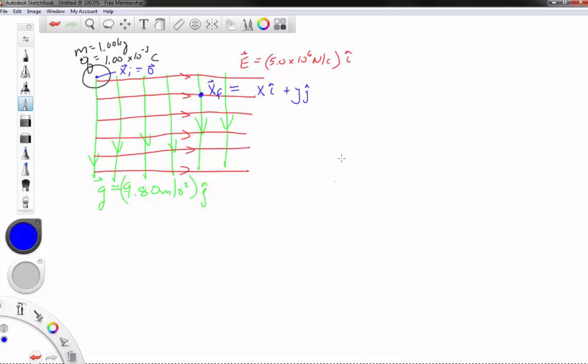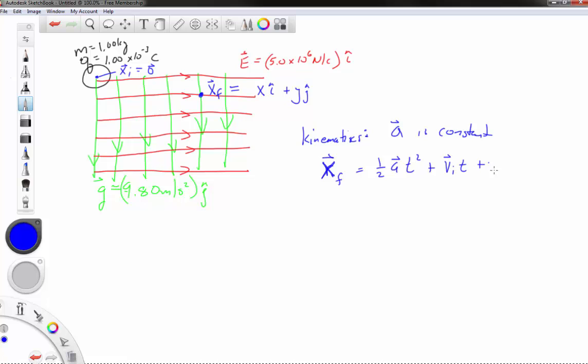So now we do a little math. Recall from kinematics: if you have a constant acceleration, so a is constant, then our final position, which I am using x to represent, x final is 1/2 a t squared plus v initial times t plus x initial.